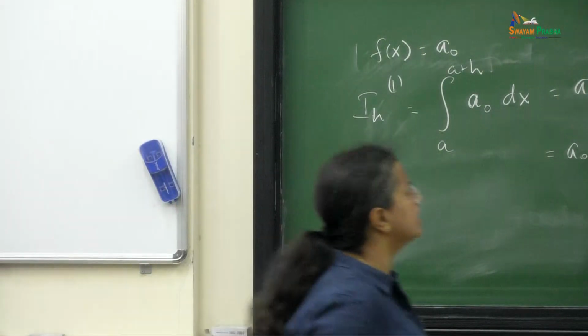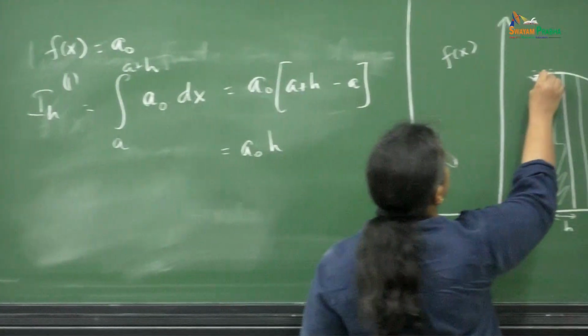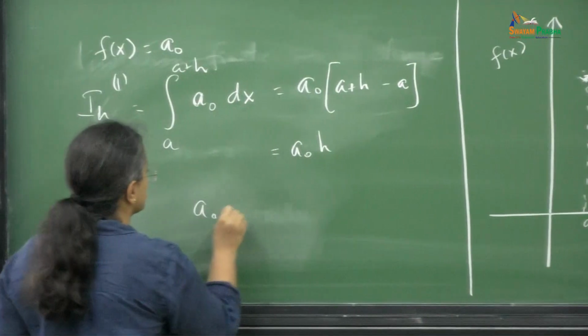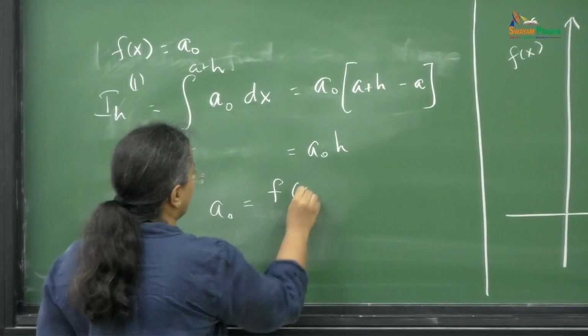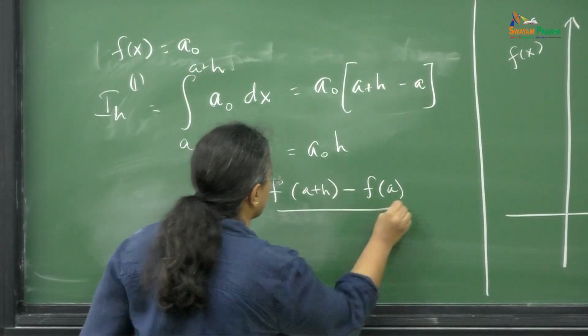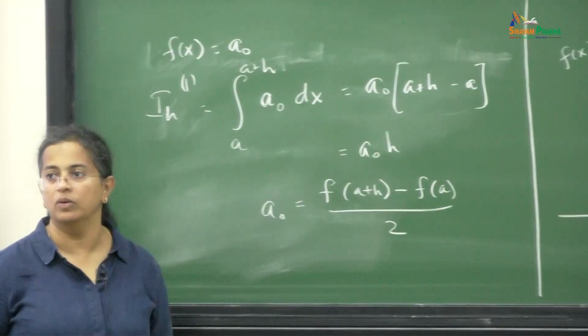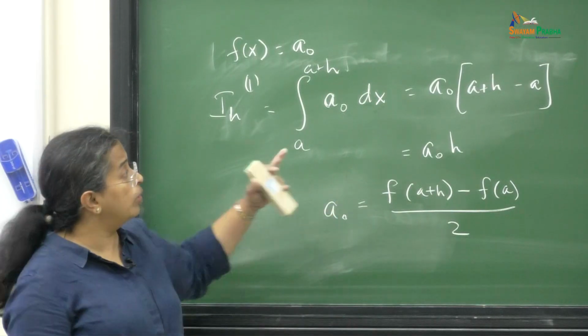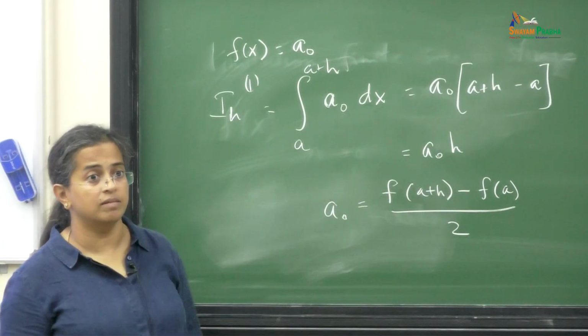Usually the prescription is, from common sense, that choosing the midpoint is a good guess. So then I will fix my a0 to be f of a plus h minus f of a by 2, the midpoint value. That gives me a0, but it's a number. So then I can pull this number out and I get this guy.